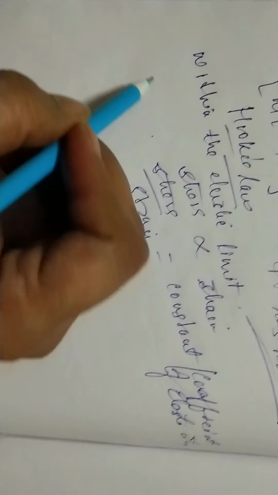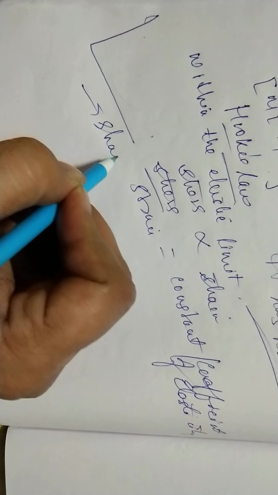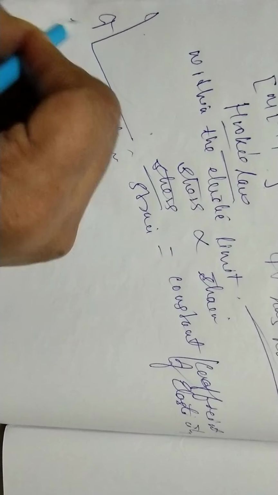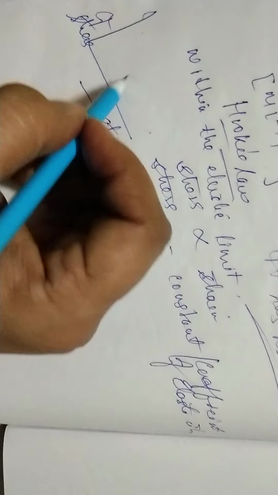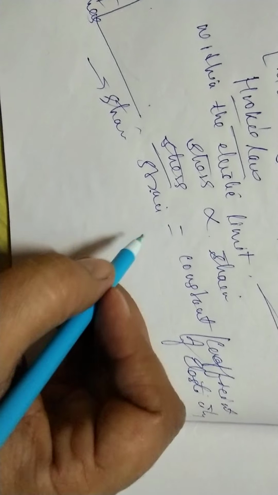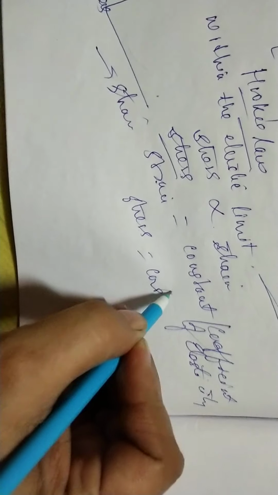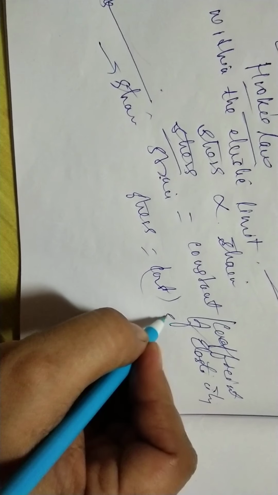Now suppose you are plotting a graph, let us assume this is strain and this is the stress. You will see that stress is equal to a constant multiplied by strain.